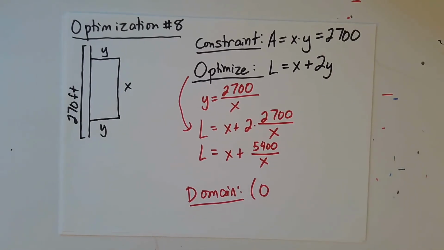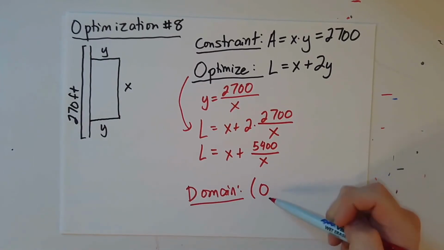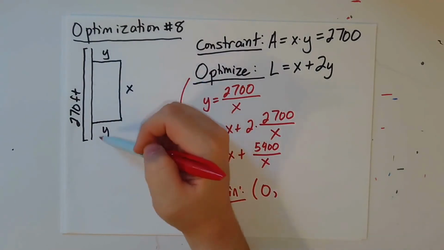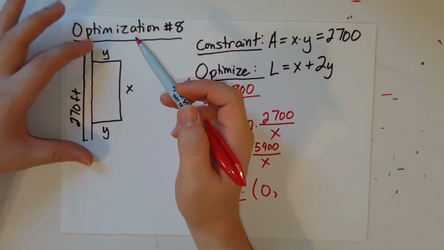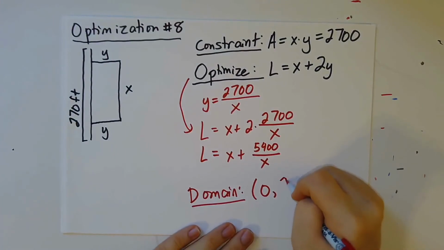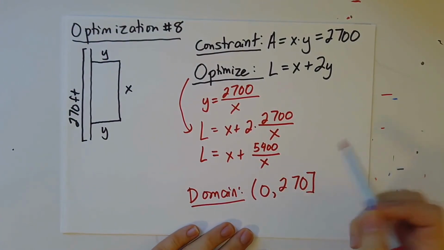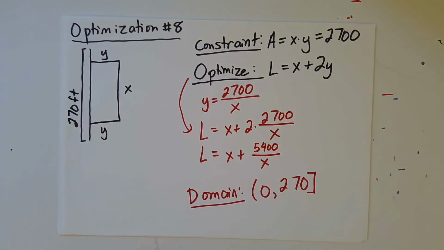And then what's the largest it could possibly be? Well, since x is running parallel to the building, I can't make it larger than the building. So the largest I could possibly make x is 270. And I put a square bracket here to indicate that I'm including that. And actually, that's all this question asks us to do.